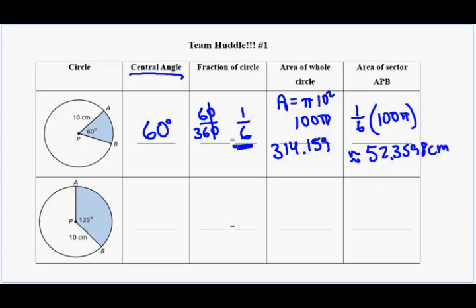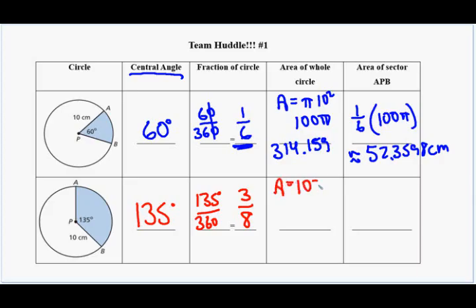All right, next one. Our central angle is 135 degrees. That would be 135 out of a full 360. That reduces down to 3/8 if you divide by 45. Top and bottom divided by 45, we get 3/8. This circle, again, has the same radius.